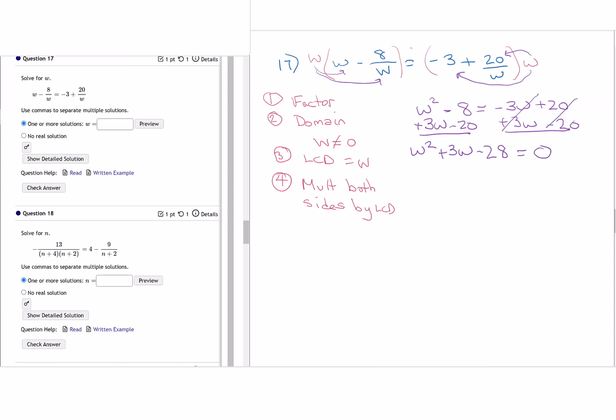Now I factor. I can factor this to W plus 7 times W minus 4 equals 0. My solutions are W plus 7 equals 0 or W minus 4 equals 0. Here I have W equals negative 7 or W equals 4.